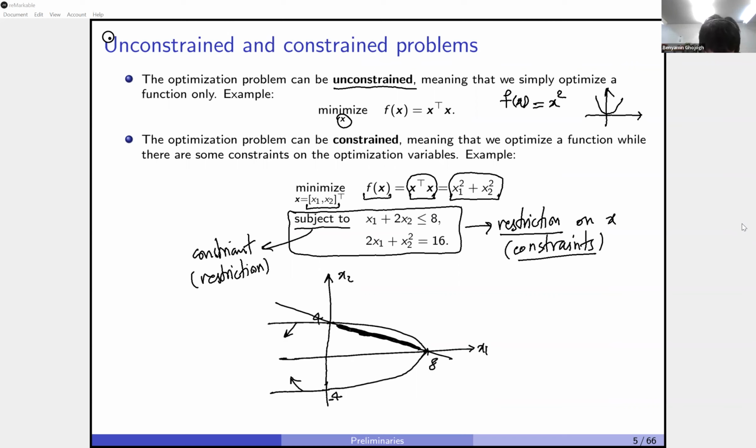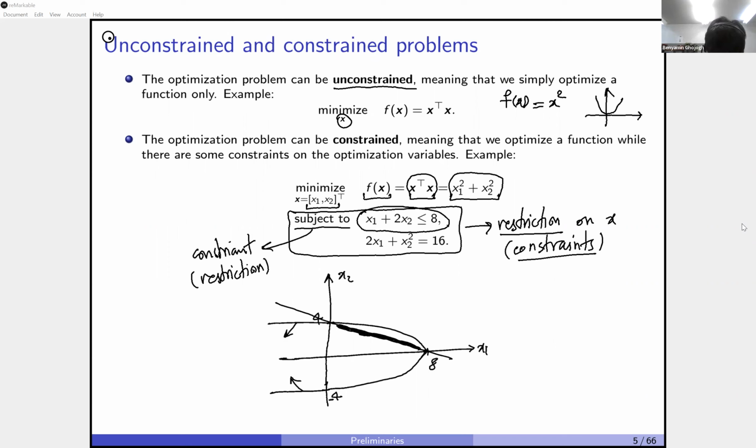One of them says I want x1 plus x2 to be less than or equal to 8, always. And 2x1 plus x2 squared be equal to 16. So we are kind of restricting the domains of x1 and x2. How? We are showing it here in this figure. So for example, x1 and x2. What is this function? Let's first draw this function.